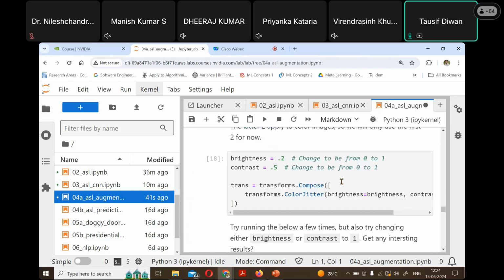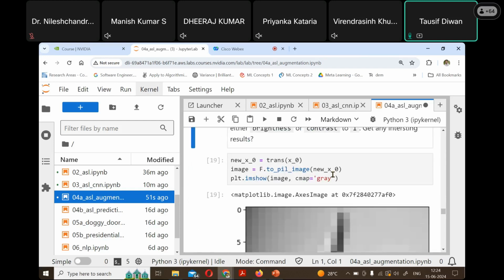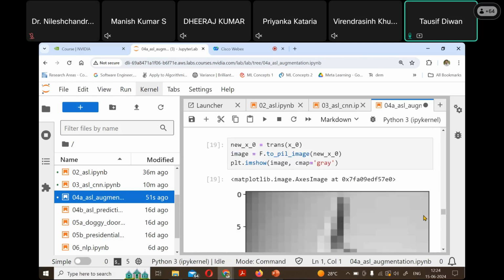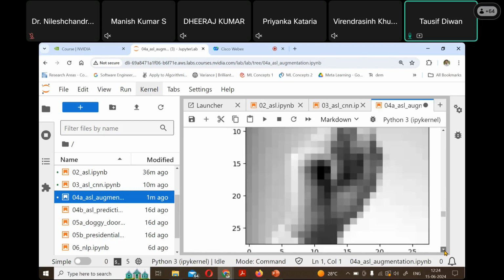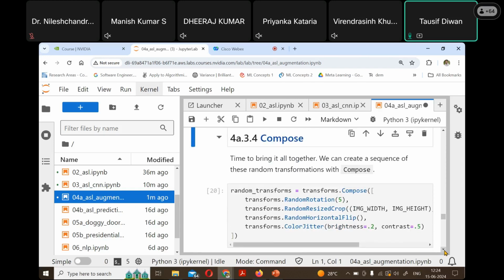We can use this, and with this transform the image can be converted like this. Now finally, you will compose or club all these four transforms: random rotation, random resized cropping, horizontal flipping, and color jitter into one transform.